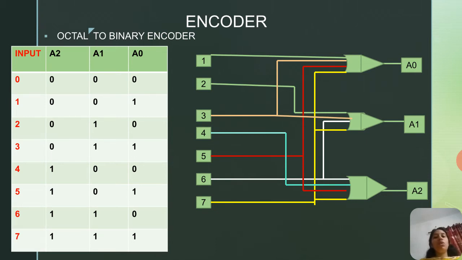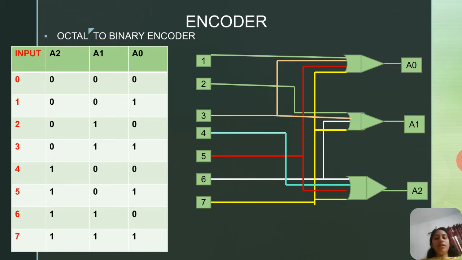So you can start from 1. Then we make the connections: the representation of 1 in the output table has to be mapped in the circuit. If you give the input 1, then A0 will be 1, so you have to connect input 1 to A0.